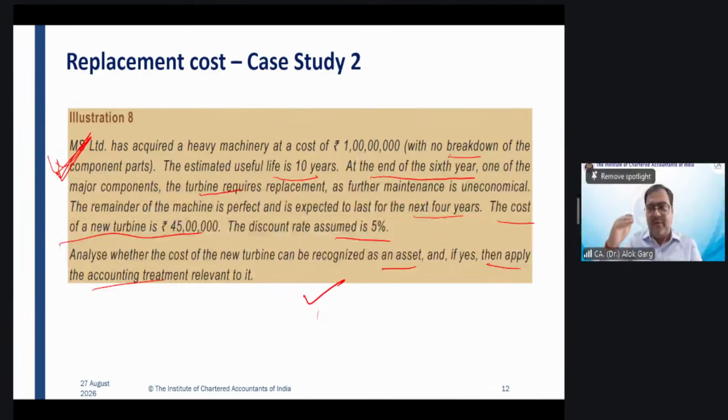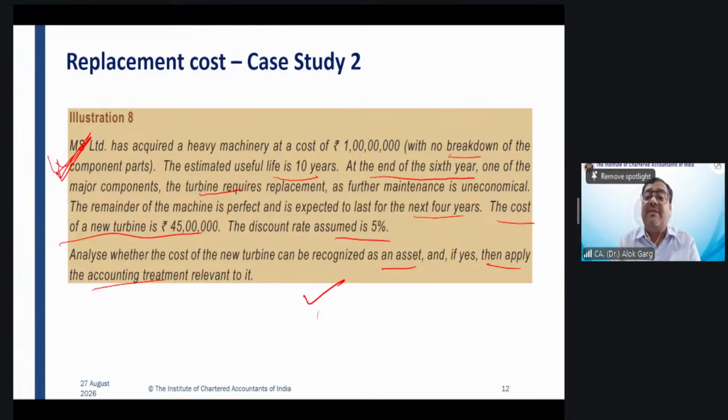You need to split it. Now the total life is 10 years and you have depreciated up to 6 years. You will charge 6 years' depreciation and get the carrying amount of the turbine. You will derecognize the old carrying amount of the turbine and recognize the new cost of the turbine.